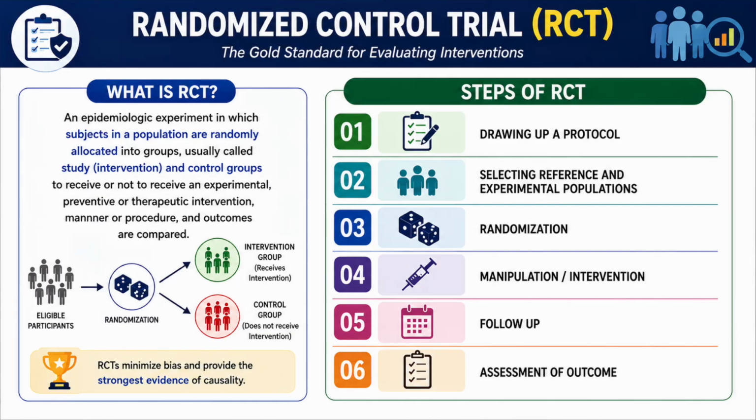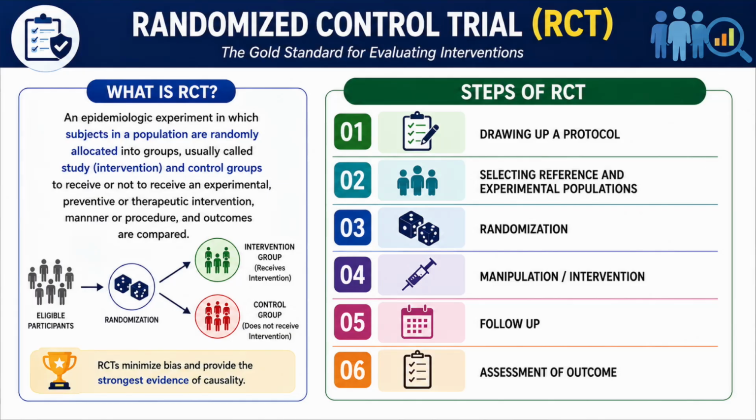The intervention group receives the treatment or preventive measure under investigation, while the control group receives either standard treatment, placebo, or no intervention. The outcomes of these two groups are then compared. Randomization is the key strength of RCTs because it ensures that every participant has an equal chance of entering either group, thereby minimizing bias and balancing known as well as unknown confounding factors.